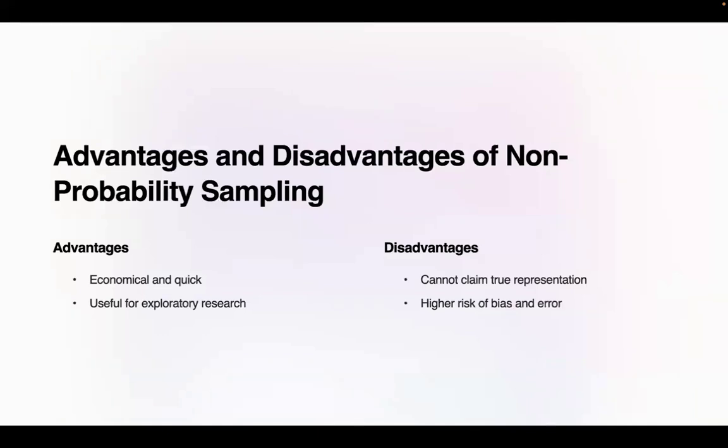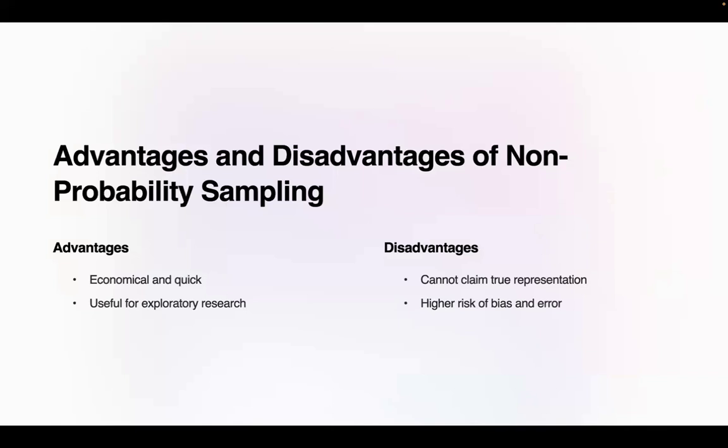Now, advantages of non-probability sampling. It is economical compared to the randomness in probability sampling. It is very quick compared to probability sampling. It is used for exploratory research. Exploratory means you want to understand the why about a particular phenomenon, and that is why non-probability sampling will be utilized more by micro sociologists.